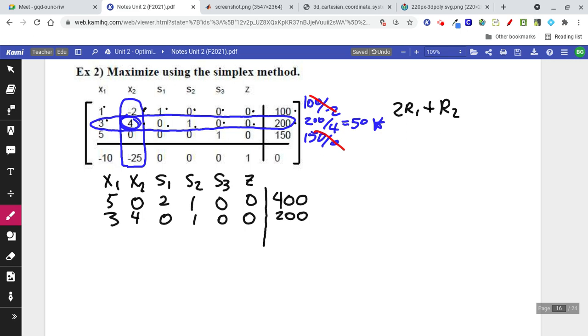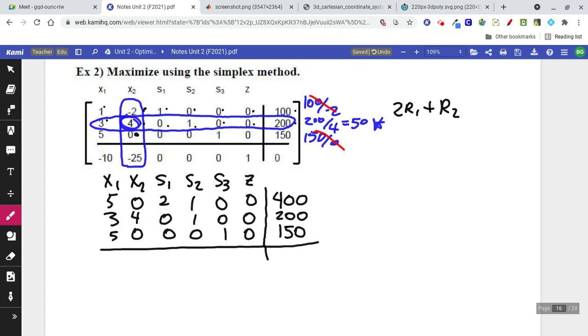But the cool thing about that is it's already a 0. So there's no point in doing anything else. My objective is to change that into a 0. It's already a 0. So leave it alone.